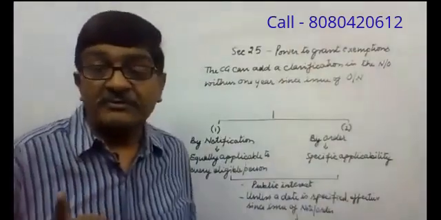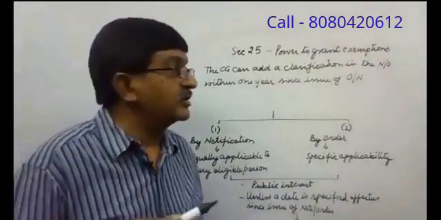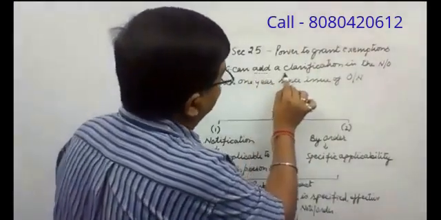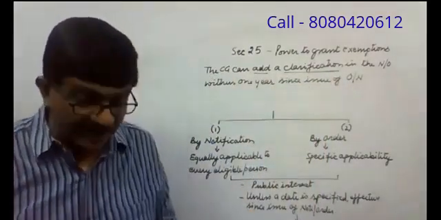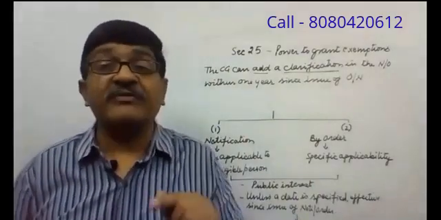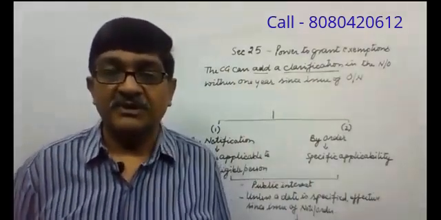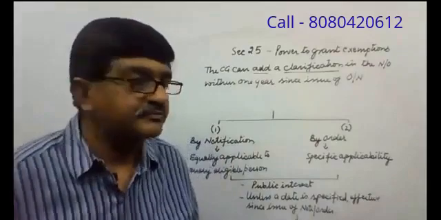What is being done by the government? It is not an amendment of the original notification or order. It is only adding a clarification. It is not an amendment. Government can amend the notification or order by another notification or order, not this way. This is only the addition of a clarification.